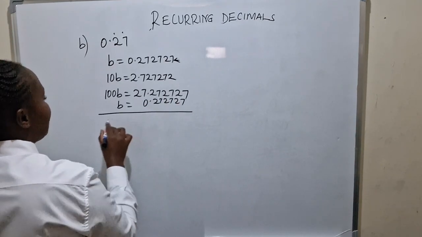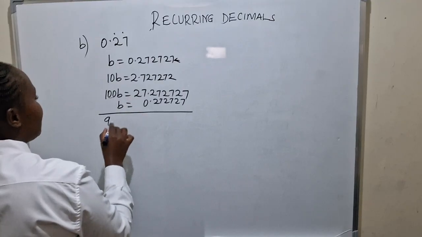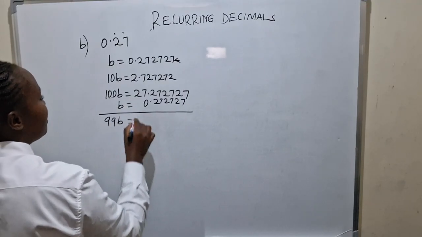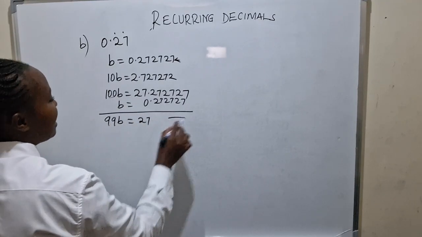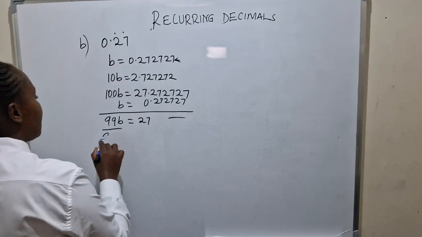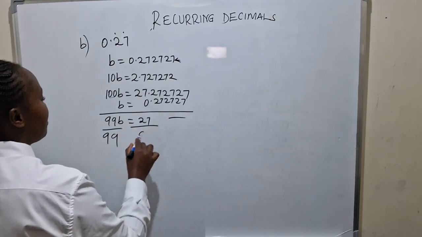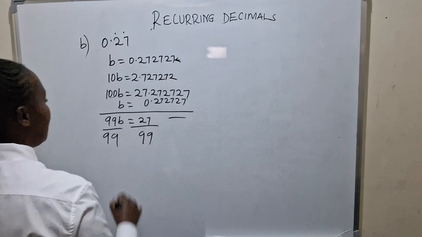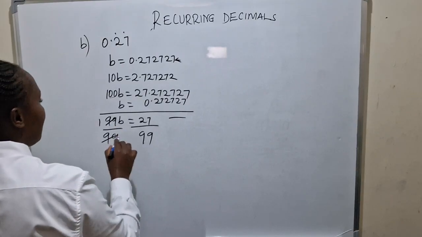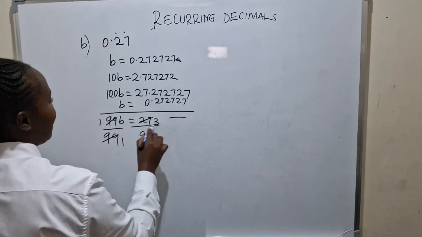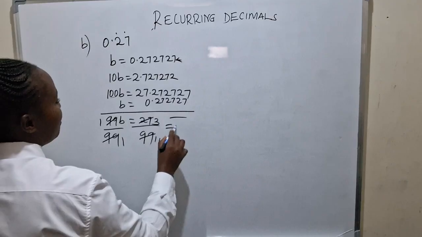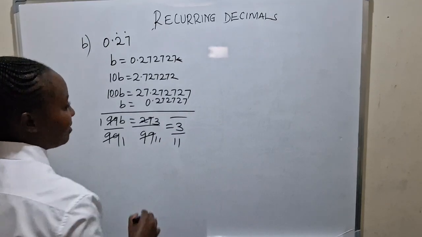Then we get 100B minus B, that is 99B, equals 27. The other side ends. So you divide both sides by 99. So by 99, 1, by 99, 1, by 9, 3, by 9, 11. So you get 3 over 11, okay?